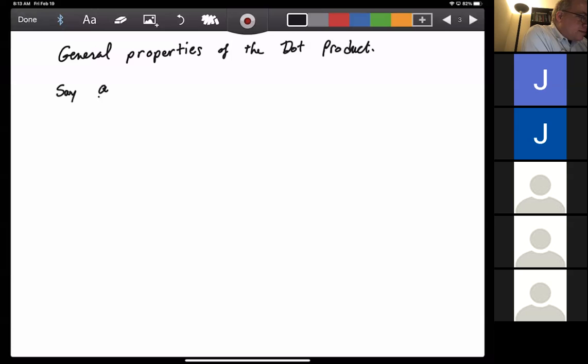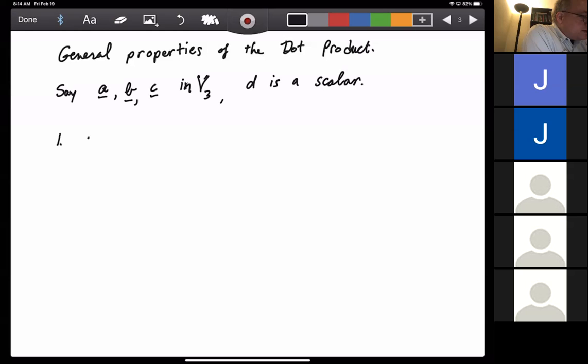And I'm going to assume here that I've got vectors A, B, and C in V3, so they're going to be vectors with 3 components. And let's say D is a scalar, a number.